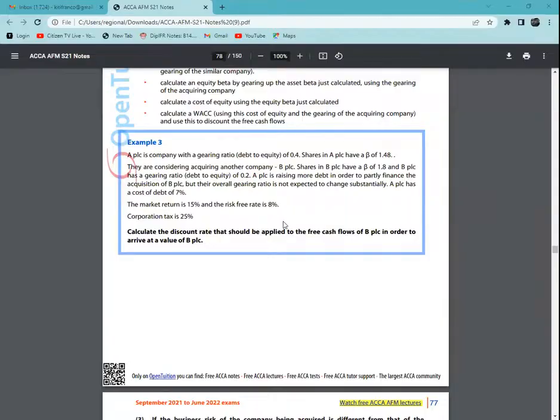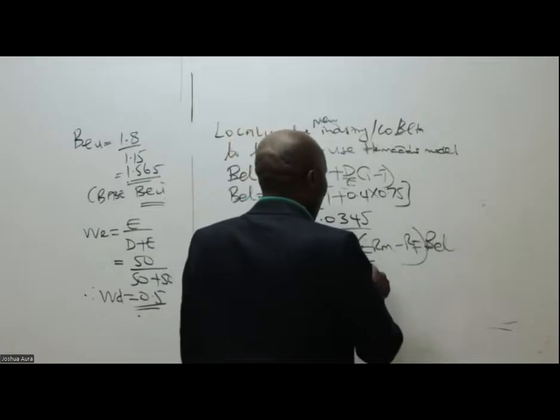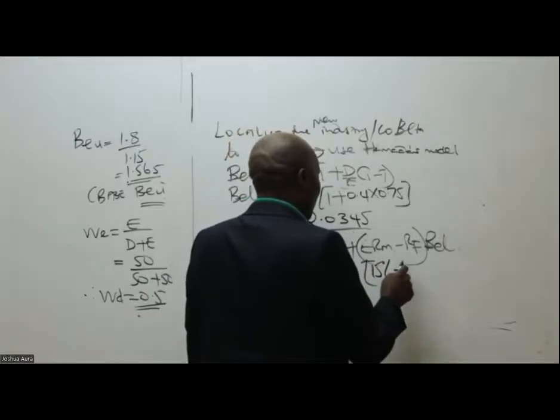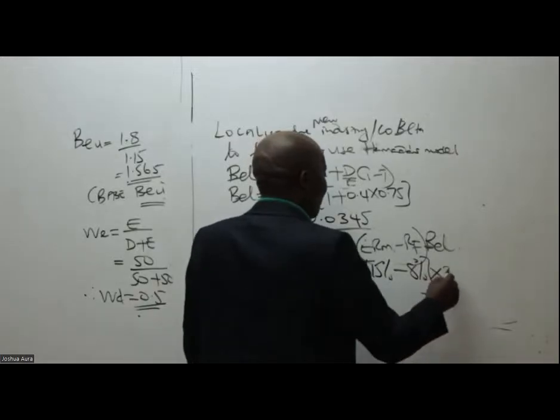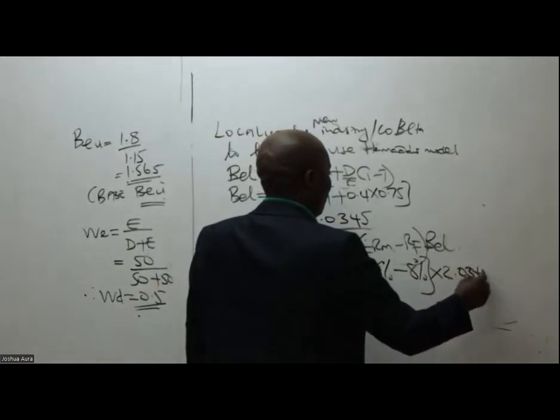Thank you so much. Plus, are you able to see the expected return of the market? Yes. Market return here is 15%. So market return 15% minus risk-free, which is 8%, multiplied by the beta that we got up here, which is 2.0345.